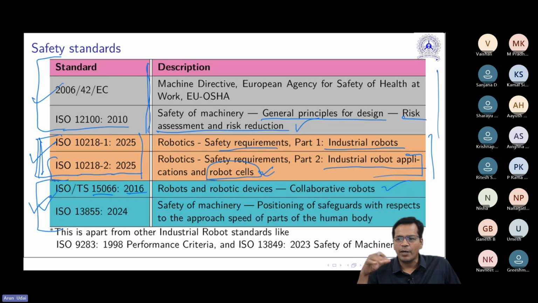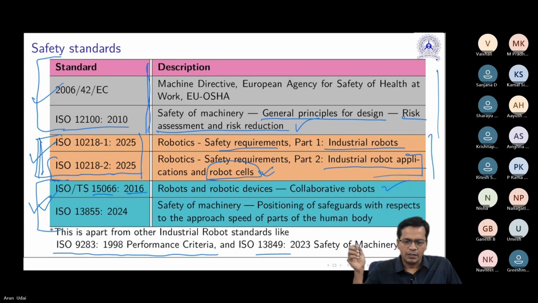This is apart from other industrial standards like ISO 9283, which details the repeatability and accuracy of the industrial robot, and 13849, which covers safety of machinery. So these are important standards to be noted. Look at the data sheet first and then compare whether your robot has all these features or not.